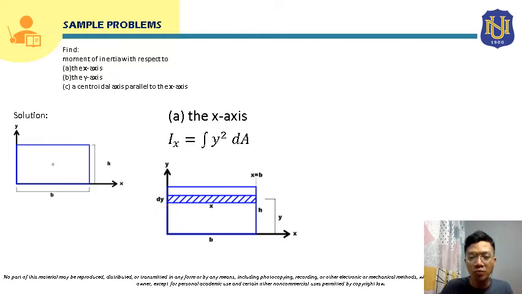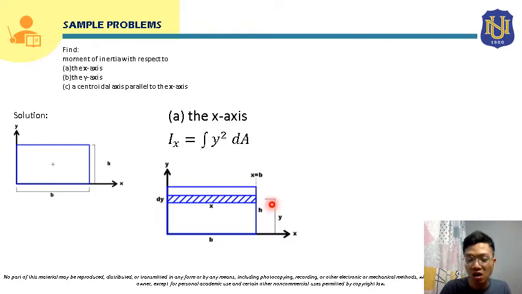We are going to use our formula here. For this rectangular strip, its centroid is located here, so the moment arm of this rectangular strip from the x-axis will be y.